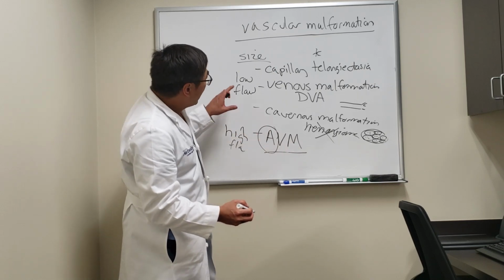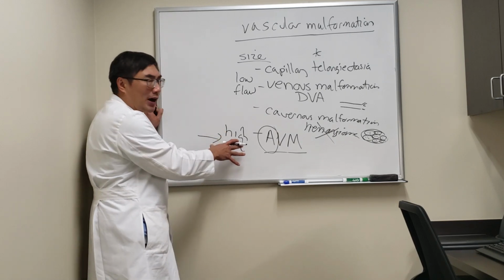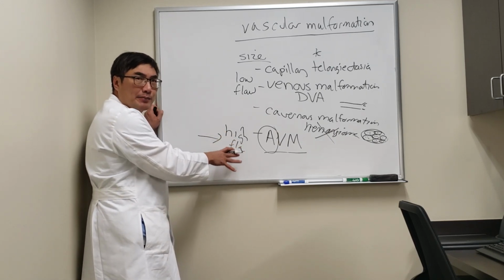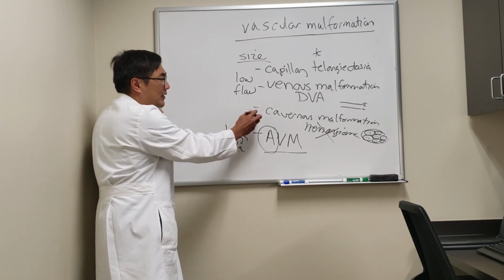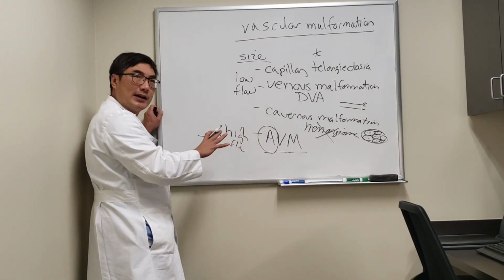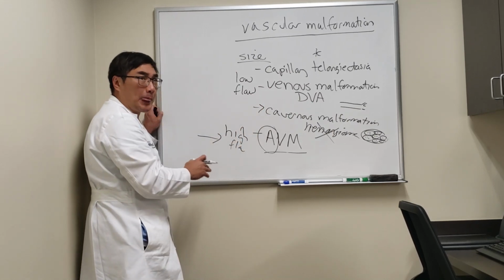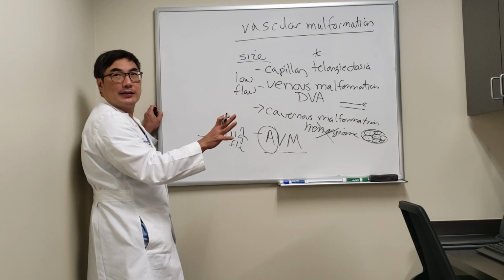So when we're doing a brain MR, if we see an AVM, that one probably needs a standard catheter angiogram and probably is going to have to be treated. If it's a cavernous malformation and it's asymptomatic or it's only bled once, we might not treat that. The cavernous malformation, if you do an angiogram on that, it won't show anything because it's not really hooked up to anything.